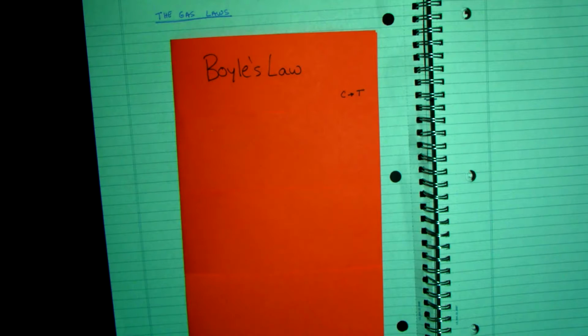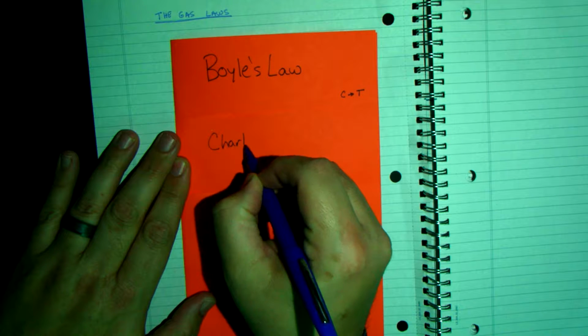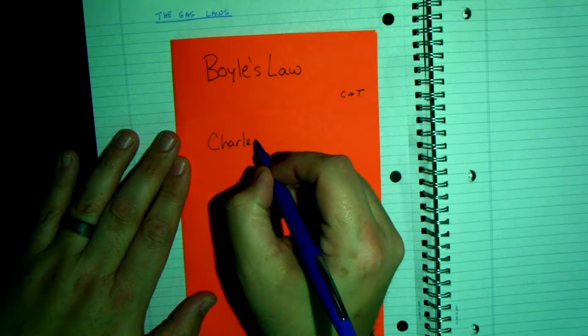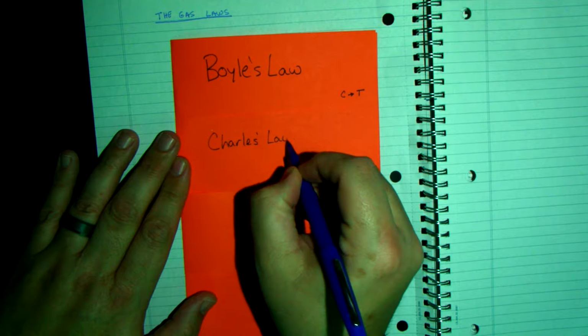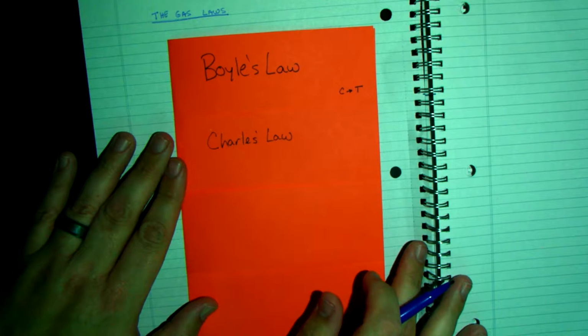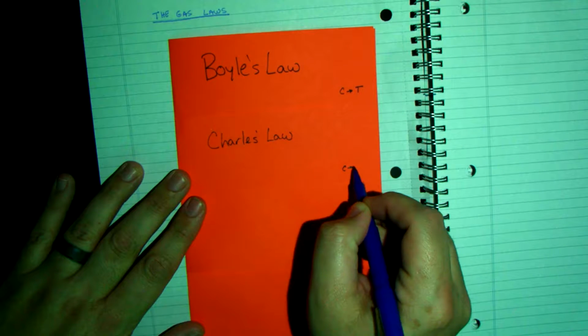Can you actually see what we're doing? Yeah, of course. All right. Okay, so that's the first one. The second one is Charles's law, and the constant is pressure in this case.